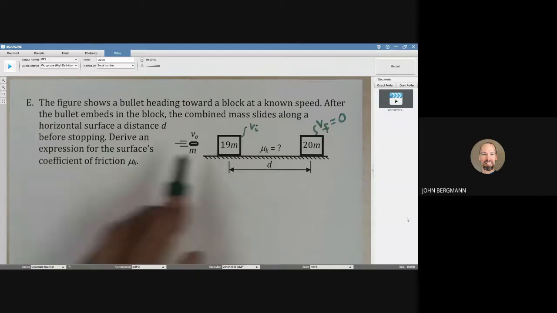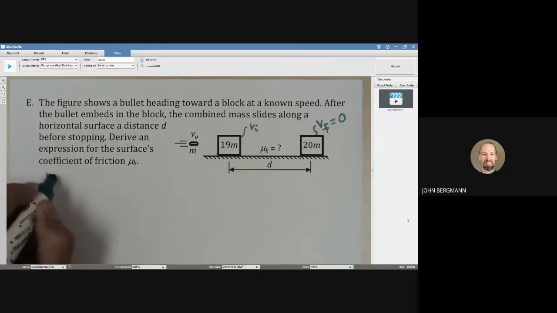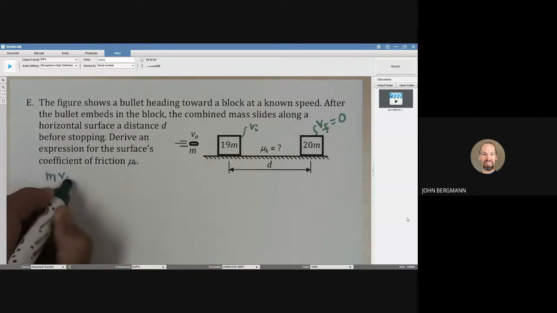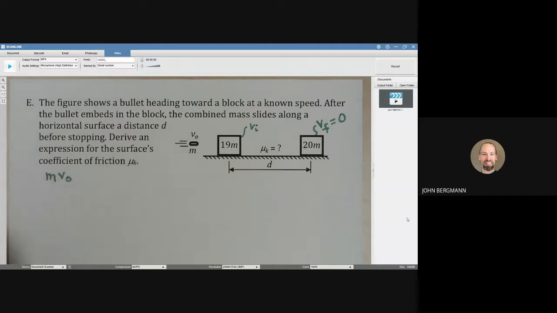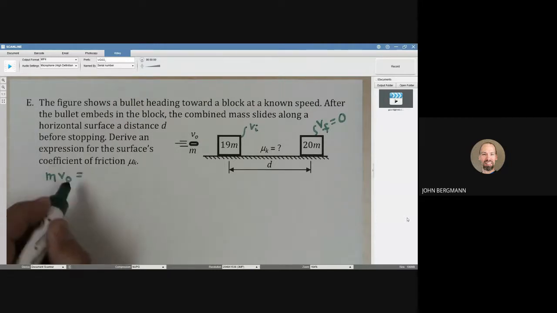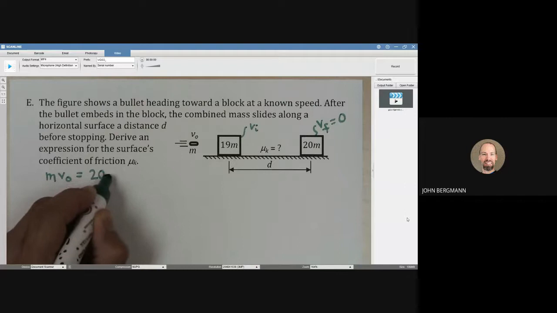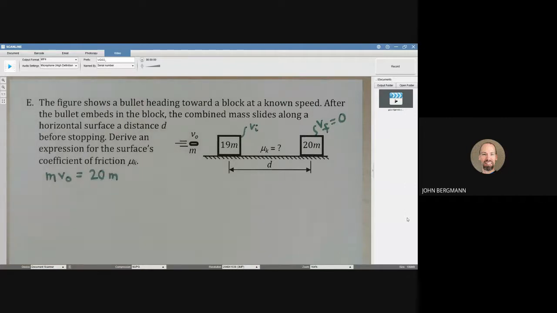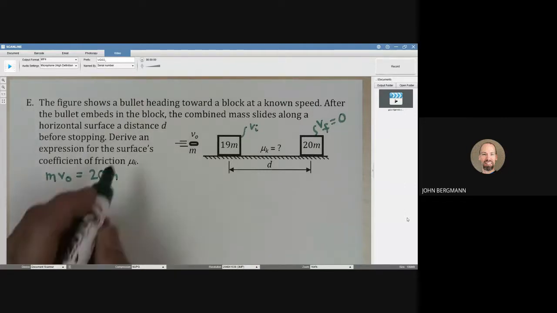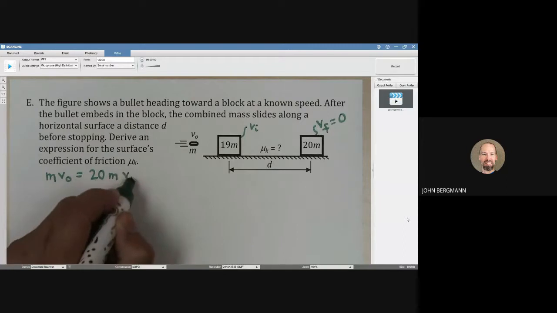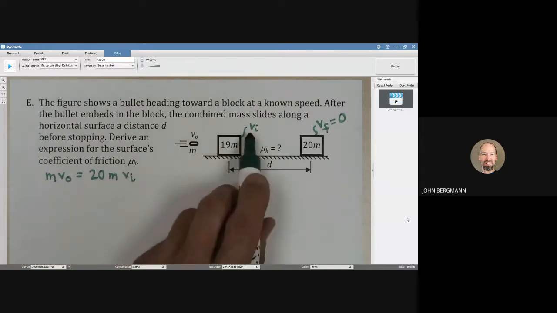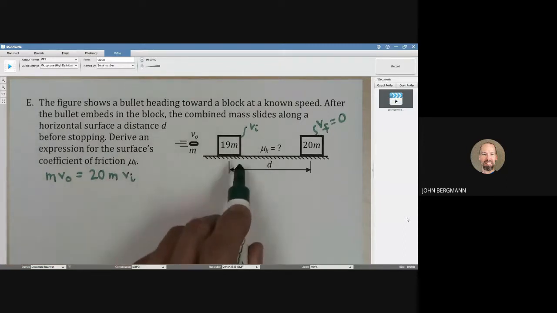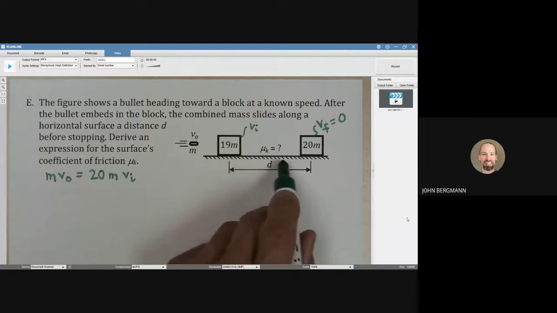That means the mass of the bullet times its initial velocity, that's the only thing that has momentum at first, is going to equal the total mass, once the bullet has embedded into the block, multiplied by the initial speed that it starts sliding at, after which it will slow down, slow down, slow down.